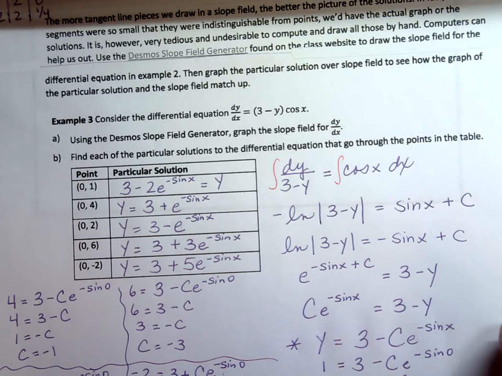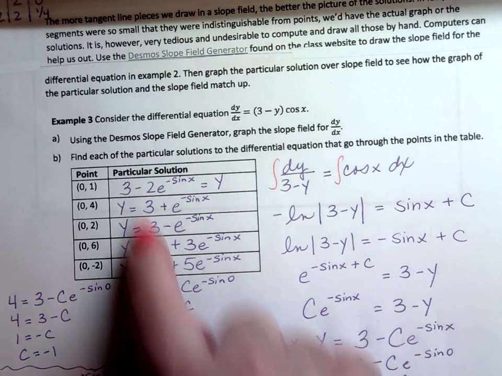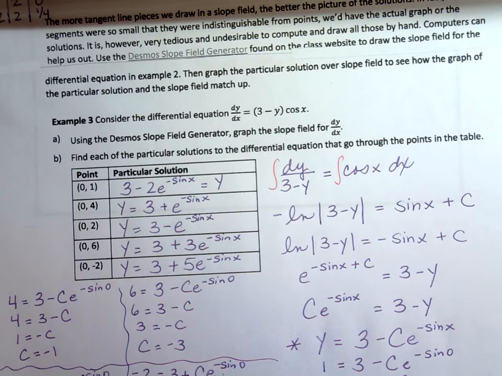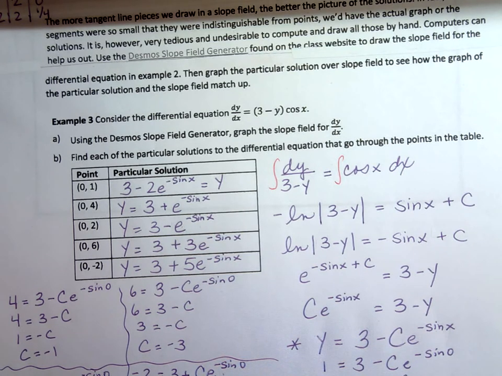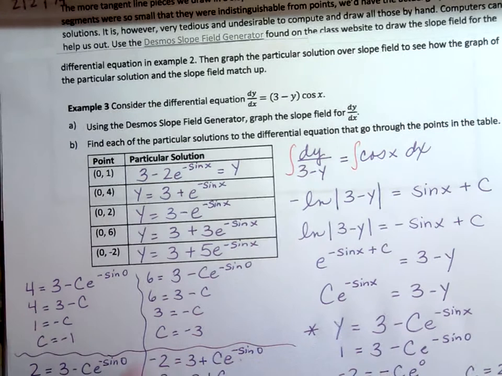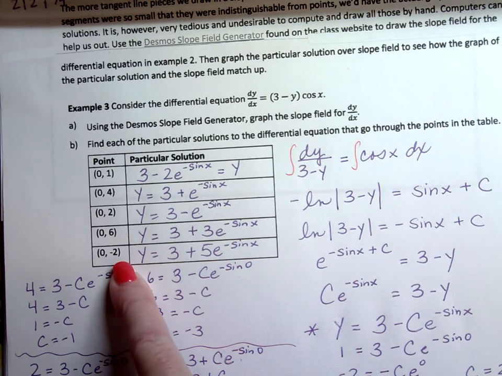And then I went from there to solve for y, so I just brought the 3 to the other side, kind of flip-flopped things around a little bit. And then I did all my work for figuring out these 5 different specific equations based off of the initial point value that they gave me. So I showed all the work for all of those, but you could have done this through the slope field generator on Desmos, so that would have been an option too.